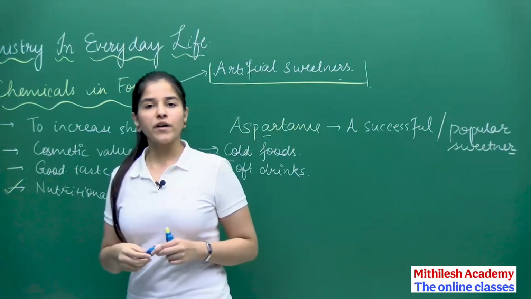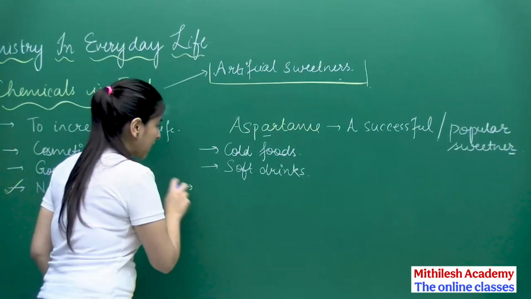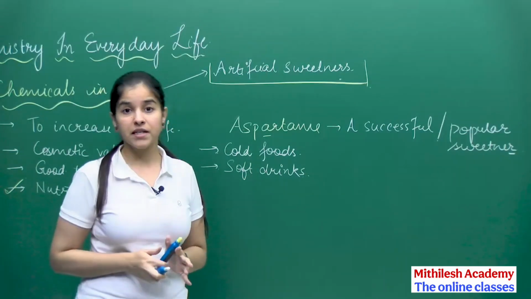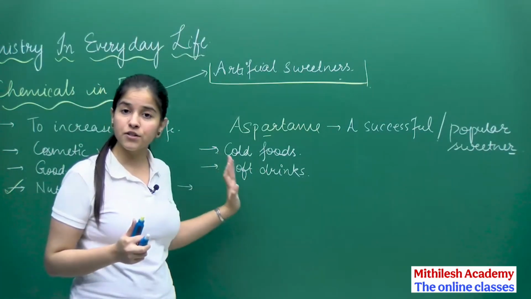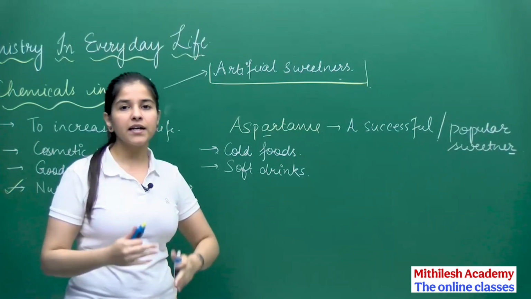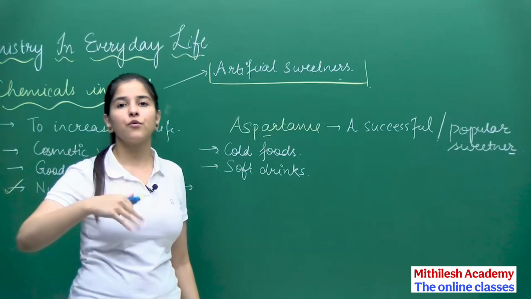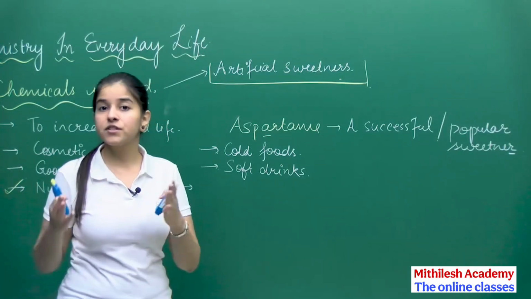Now, what is the drawback of aspartame? There has been one drawback. Why is it only used in cold foods and soft drinks? Because it gets degraded. It gets decomposed when we are talking about cooking, high temperatures and baking.